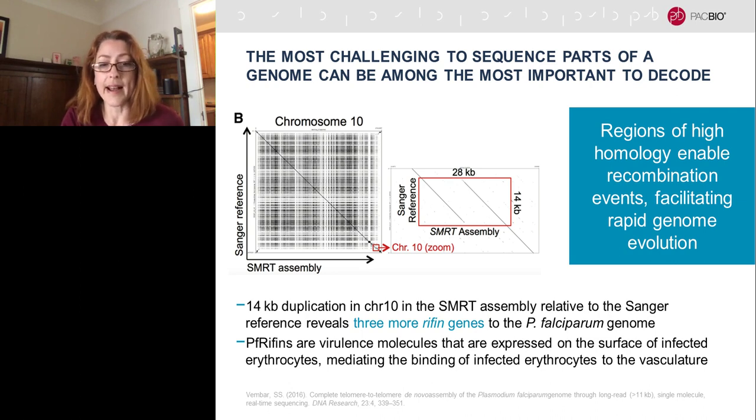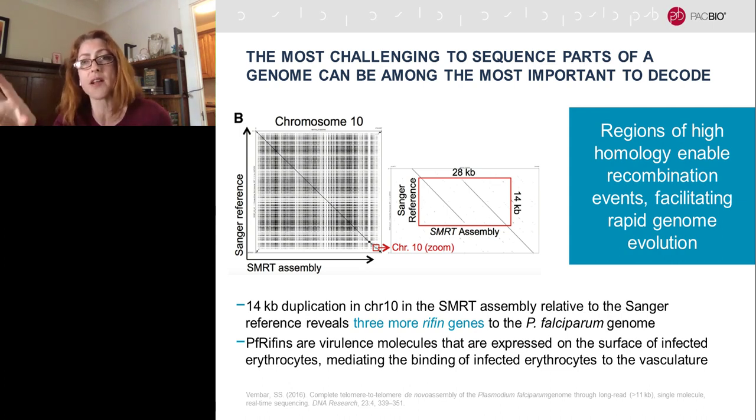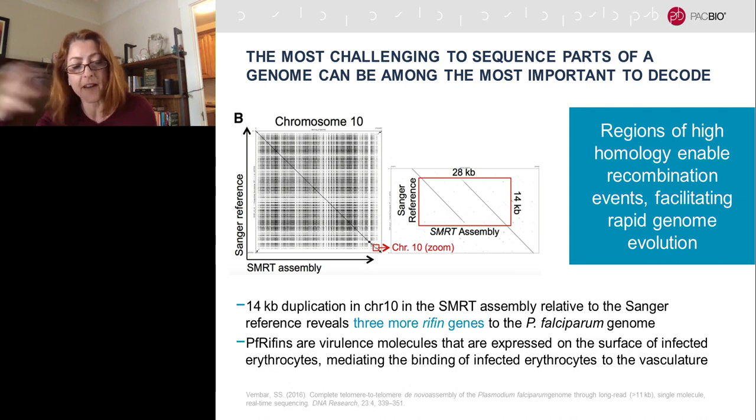Here, what you'll see is that in chromosome 10, there's a 14 kb duplication event that was apparent in the SMRT sequencing assembly relative to the Sanger reference. This duplication resulted in the addition of 3 more RIFIN genes to the Plasmodium genome. RIFIN genes are virulence molecules that are expressed on the surface of infected erythrocytes during the mitotic phase of expansion.